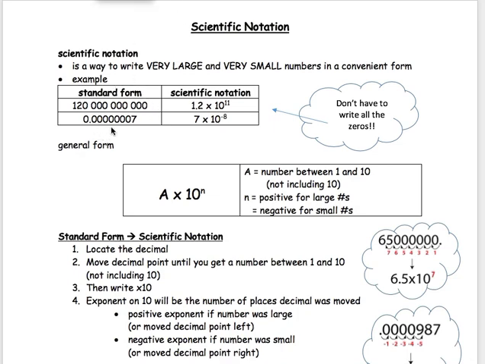Okay, so what we have here in this table is the standard form. In general, this is what you've been writing all your numbers as. So if you were a scientist and you had to tell someone across the world 120 and then 0, 0, 0, 0, 0, 0, 0, 0, 0, at some point you might get tired. If you have to write that several times in your report, you might forget a zero.